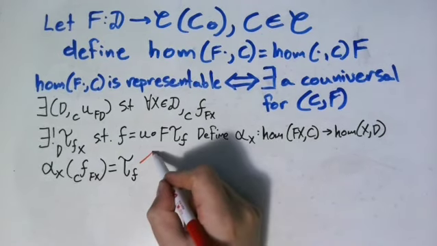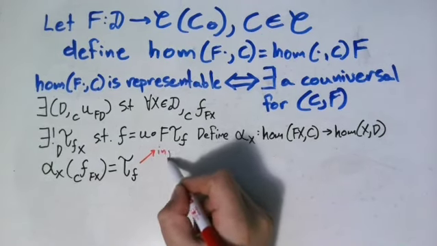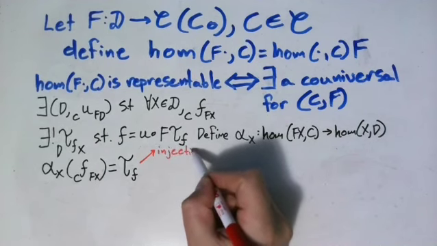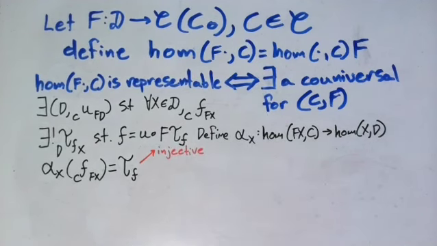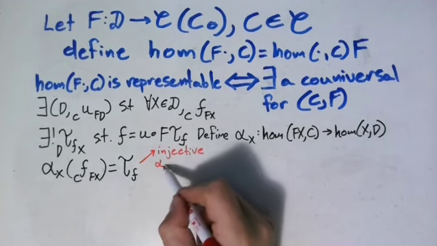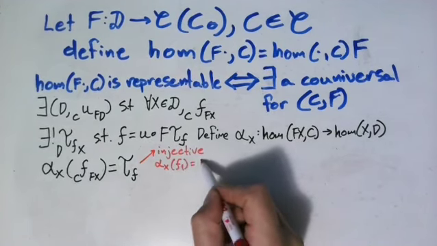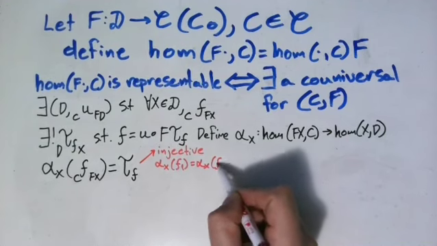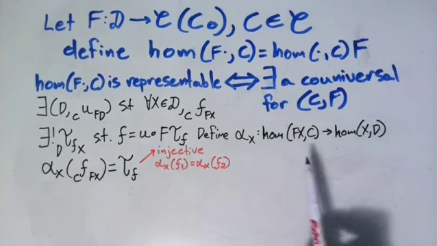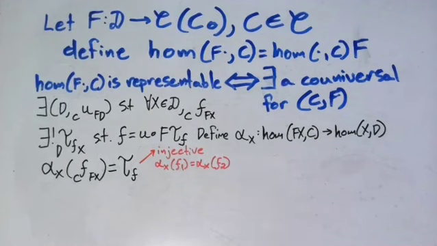Notice two things about this function. The first is that it's injective, and we can see that by setting alpha x of some f1 equal to alpha x of some f2, where those are both in this Hom set here.